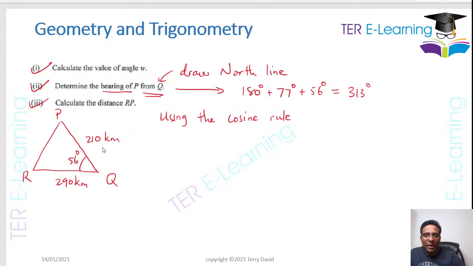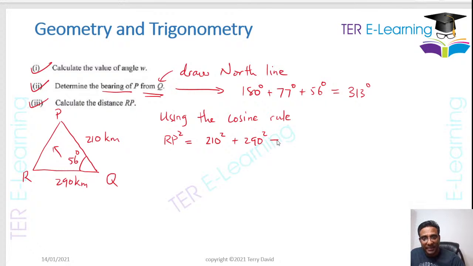what I typically do, I write the cosine rule in terms of the labeling that they've given us here. So we usually start the cosine rule with the side opposite the angle squared. So it's going to be RP squared is equal to, I'm going to square the other two sides, so that is 210 squared plus 290 squared.